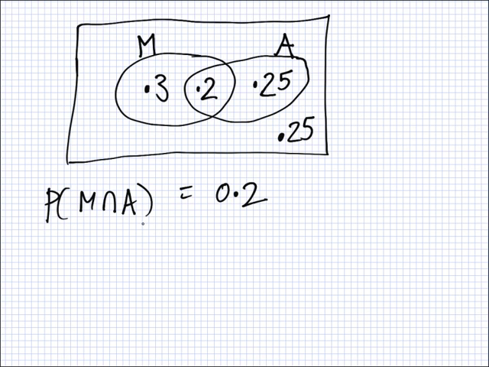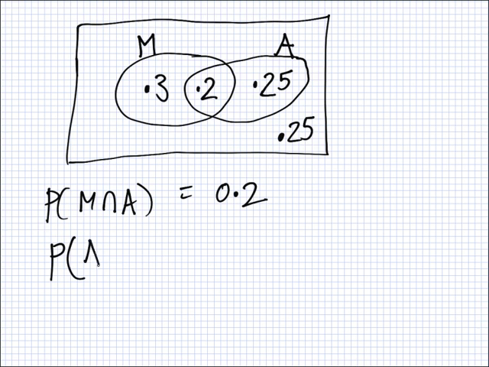Is that the same thing as saying 20% of men who applied got into university? No, it's not. So how would I write that down? I want to know if you're male, what's your chance of being accepted into university?